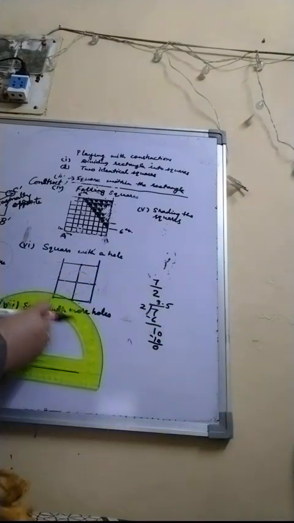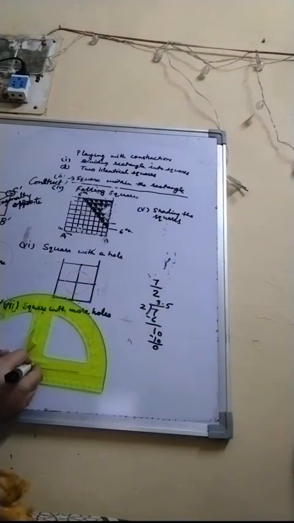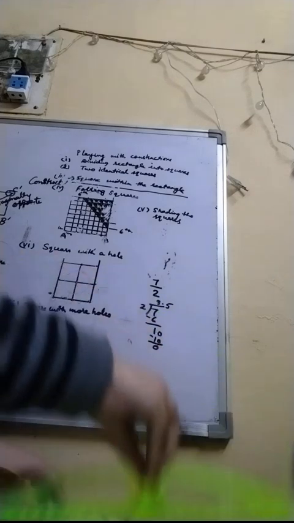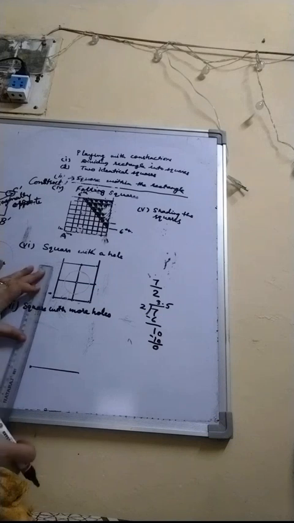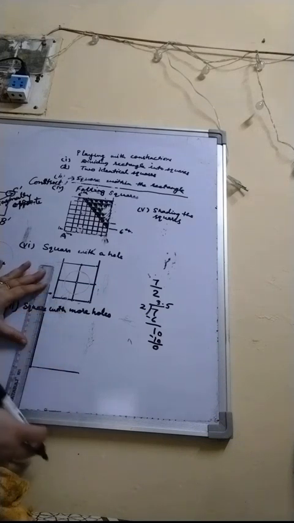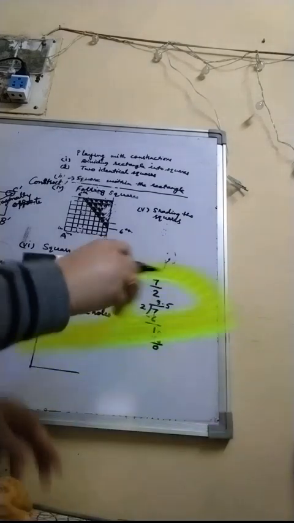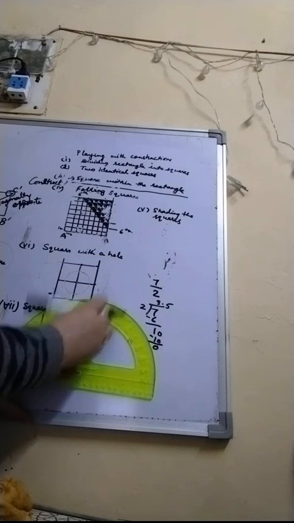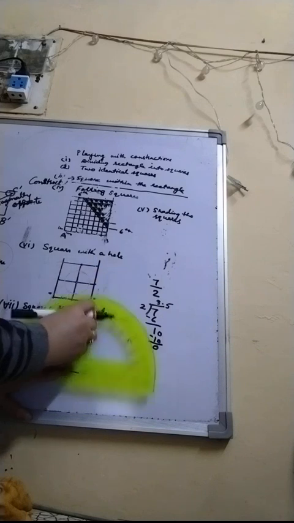How would you draw the square? You get 2 ends here, put at 90 degree. Draw the line, put the protractor at the second vertex, align it with 0 line and 90 degree here.